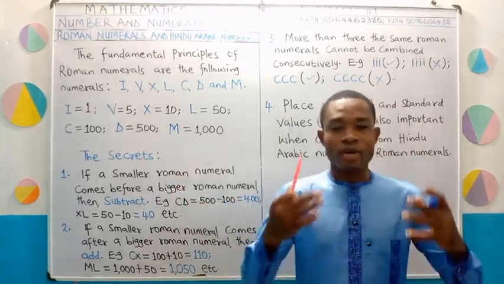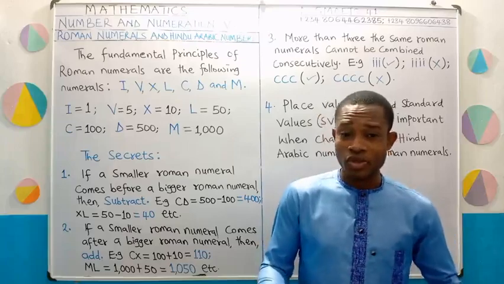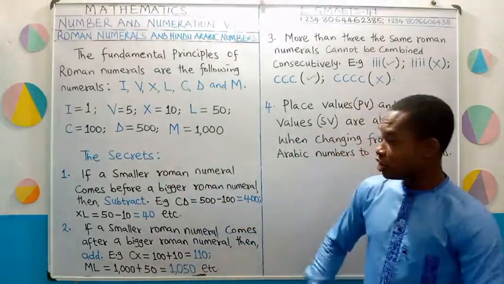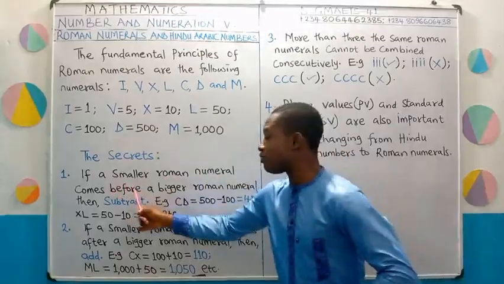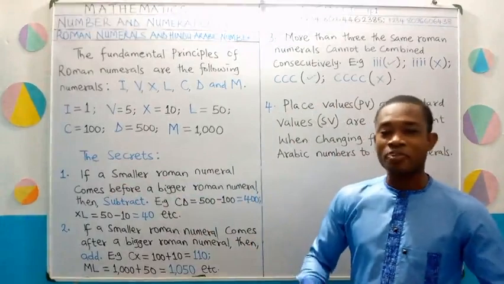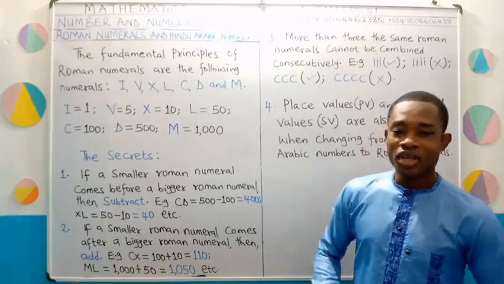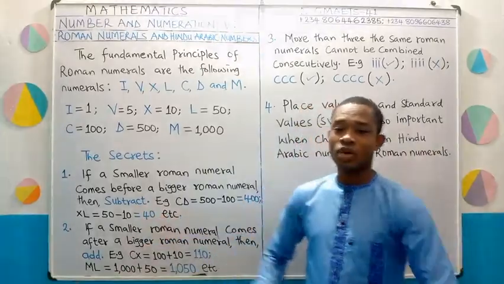Just imagine that I combine 2 numerals for you, because in most cases, that's what happens. Even you can have more numerals combined. Now, this is what you should know. If a smaller Roman numeral appears before a bigger Roman numeral, you are expected to subtract the smaller one from the bigger one.